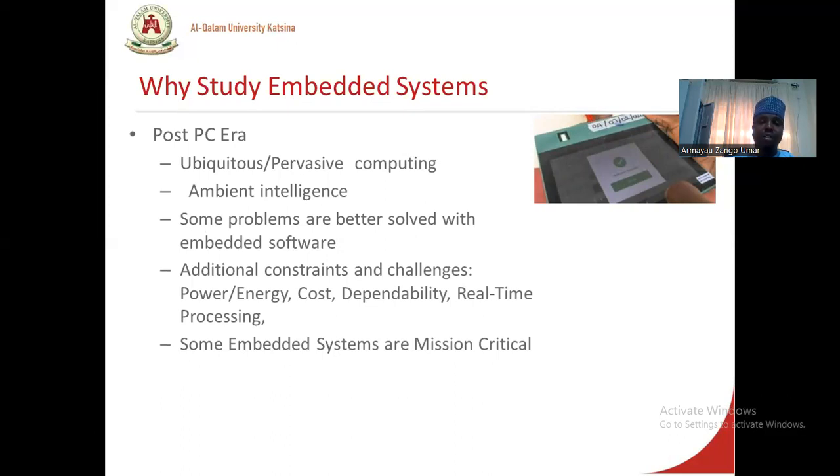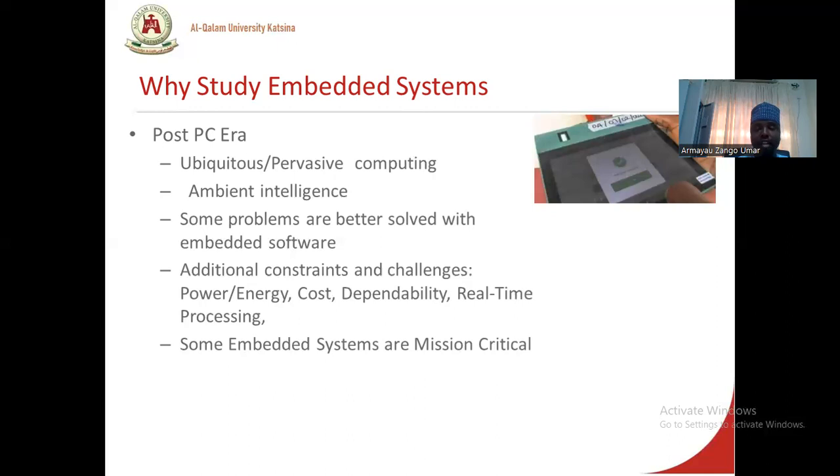That is, computers will be integrated into everyday life, even into tiny products, so that they become invisible because of the way they are integrated into many aspects of our life. This also includes ambient intelligence, where we need a lot of sensors to gather information and analyze data. And some problems can only be solved with better software.